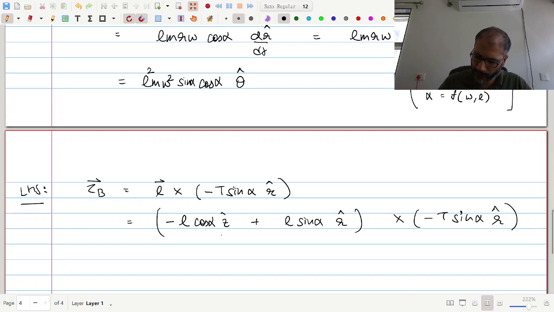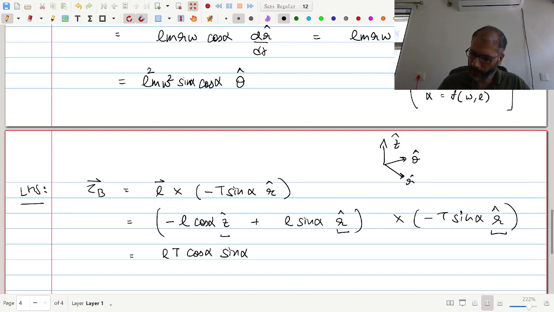Again it's only z hat cross r hat that gives us something useful, because r hat cross r hat is 0. So this becomes L T cos alpha sine alpha, and then we have a z cross r. If you look at directions, this is z hat, r hat looks something like this, and theta hat like this. So z cross r will give us a theta hat.